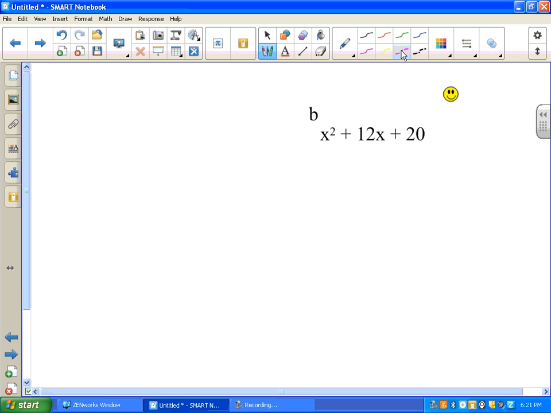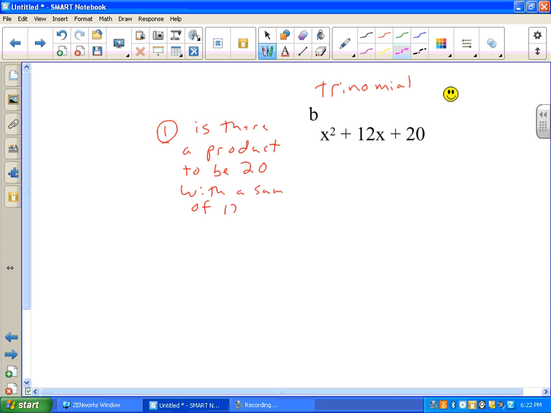So if I'm going to use this as a trinomial, the question that you have to ask yourself is, is there a number that multiplies to be 20 with a sum of 12? Well, I shouldn't say is there a number, but is there a pair of numbers?